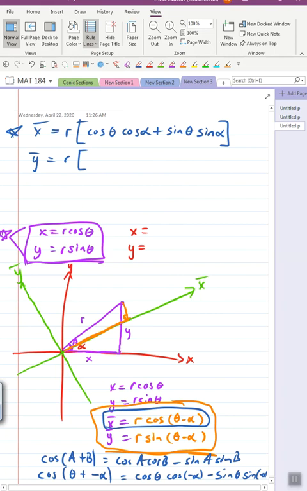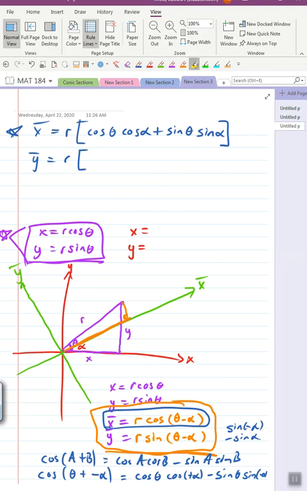It's an even function, which means cosine of negative alpha is the same thing as cosine of alpha, which means that becomes a plus. What do I know about the sine function? It's an odd function, meaning the sine of negative alpha is the same as the negative sine of alpha, which would get rid of the negative in here, and it would change that negative on the outside to a plus. And that's where I'm coming up with this.